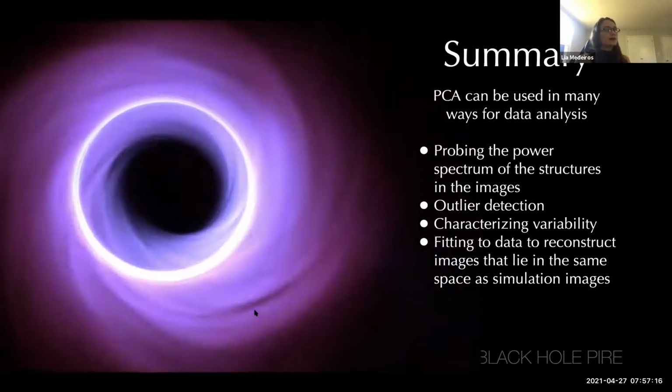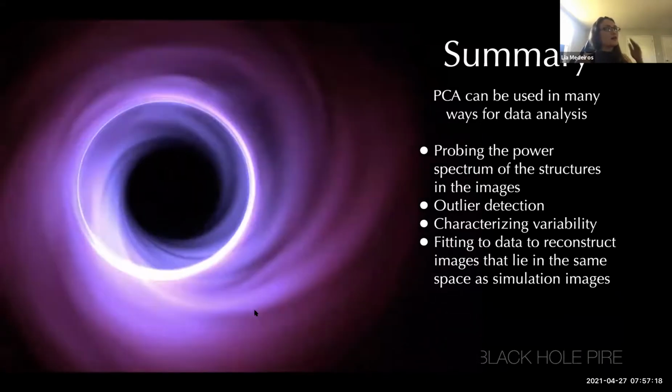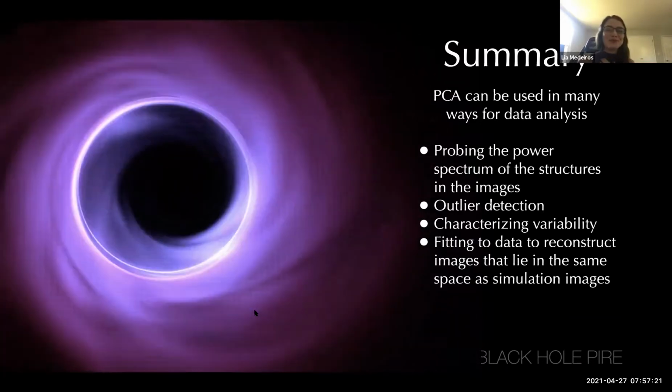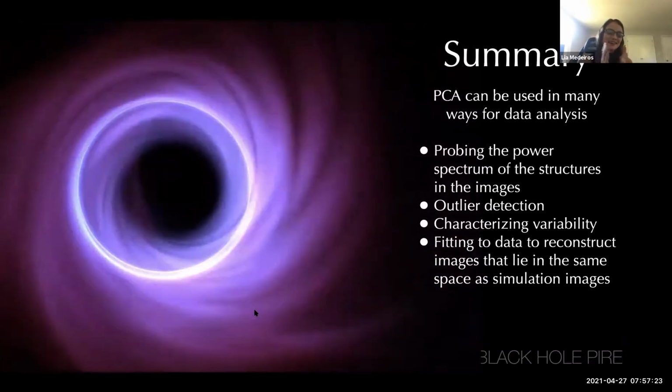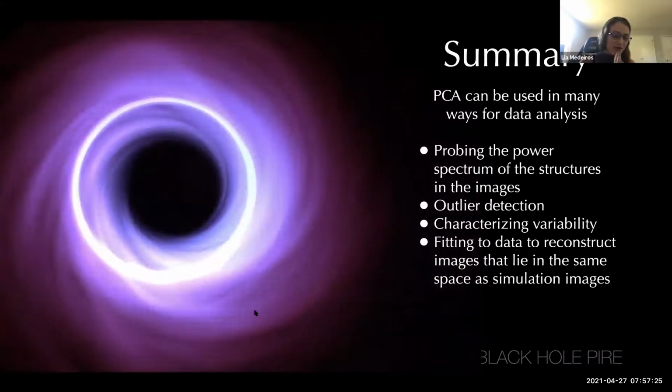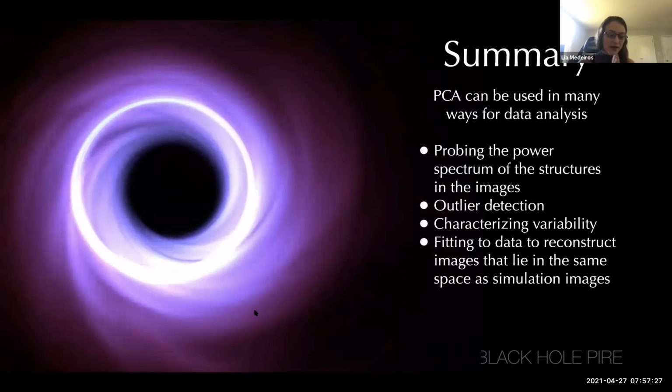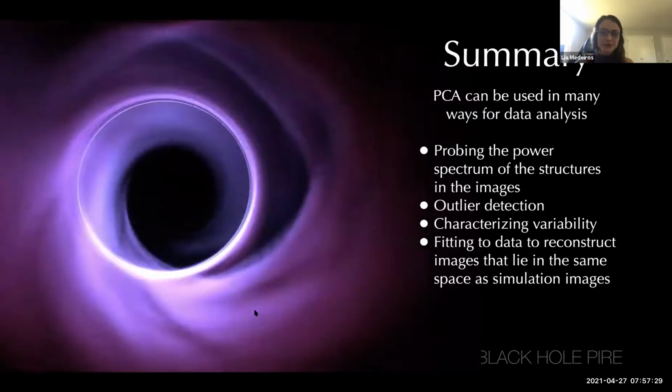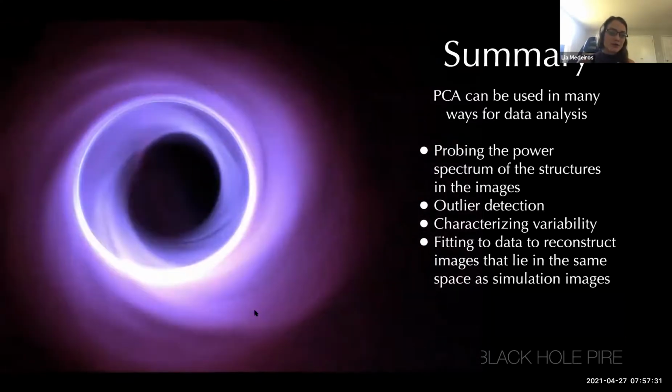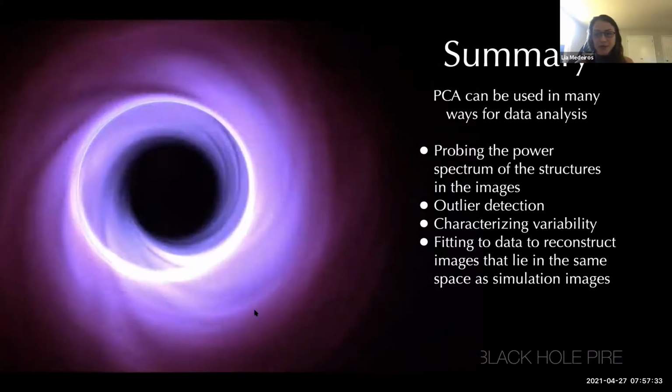So I don't have an extra slide, but I'm going to try to describe what these figures might look like. If you remember, I also applied PCA to different black hole shadows for non-Kerr black holes.